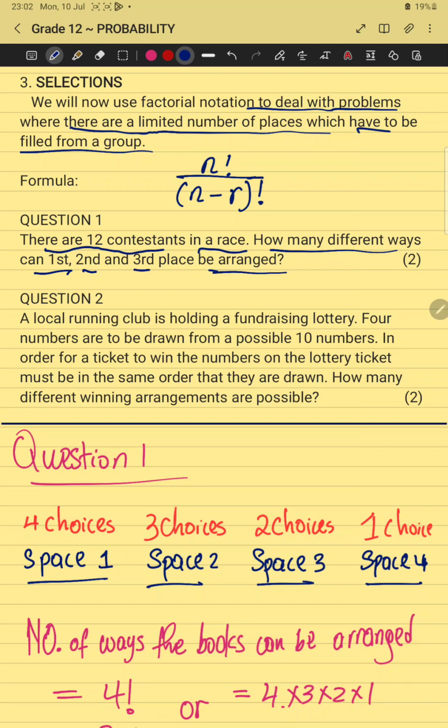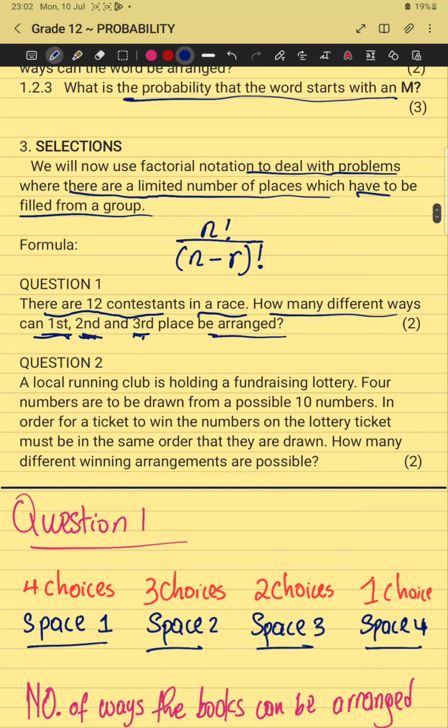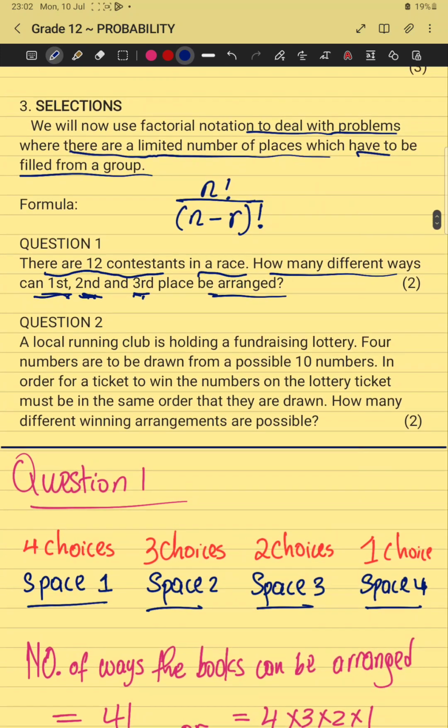So how many places have we got? 3 places, and we need to fill these 3 places with 12 contestants. So that means we've got 12 choices. This question is more like the first one. We've got 12 choices, but want to fill these 3 places available.